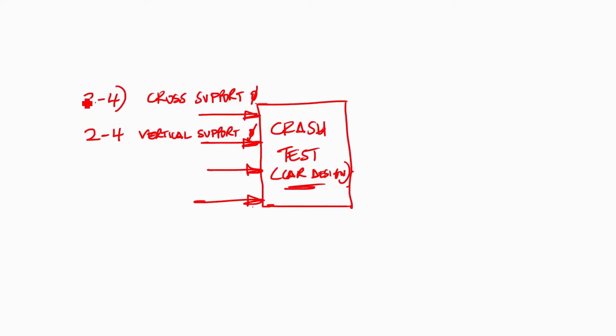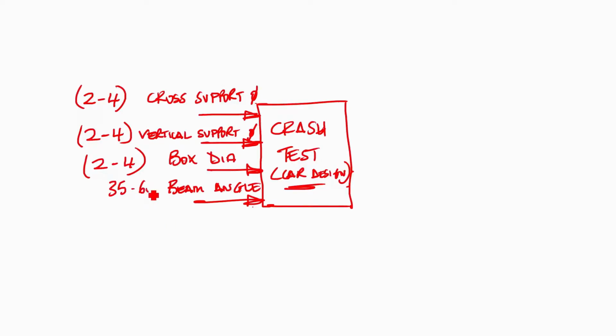So this is our design space that we're creating. We have the box diameter, which is also 2 to 4. And finally, we have the beam angle, and that goes from 35 to 60 degrees.